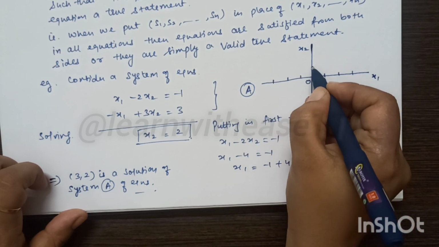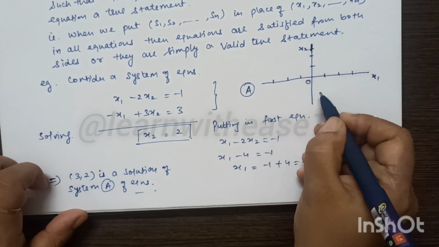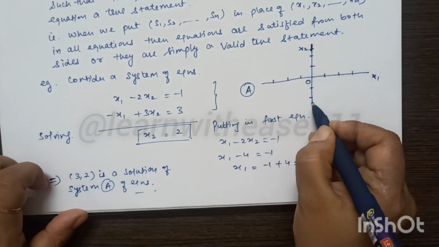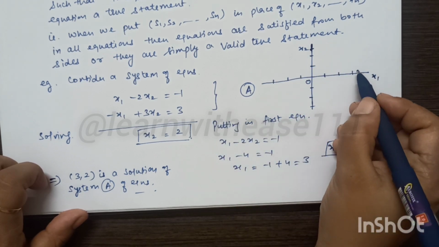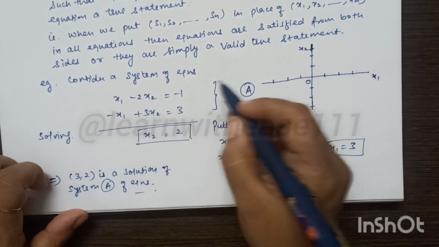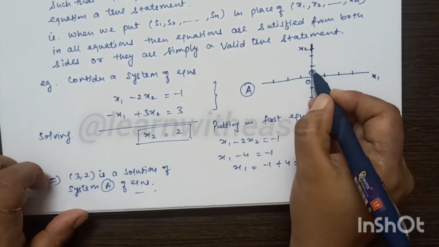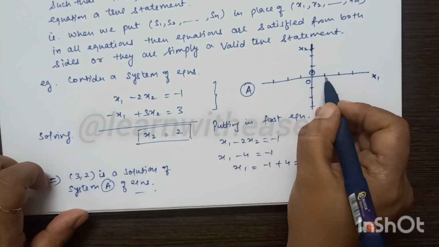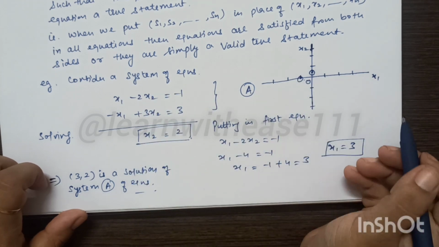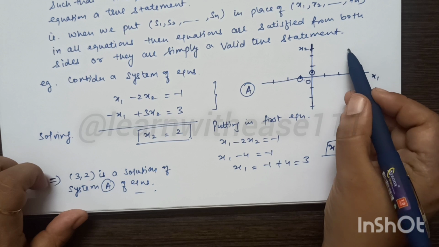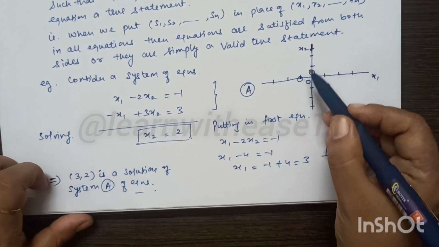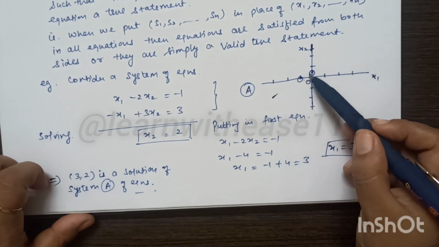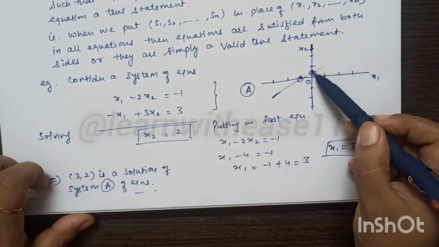For the second point, put x2 equal to 0 in that equation and x1 will be minus 1. So for plotting the first equation, I am using two points. जिस पे एक पे x1 0 है और एक पे x2 0 है. ये प्लॉट करने के बाद आप एक लाइन ड्रॉ करेंगे जो इन दोनों में से पास होती है. दिस इज़ अ रफ स्केच.